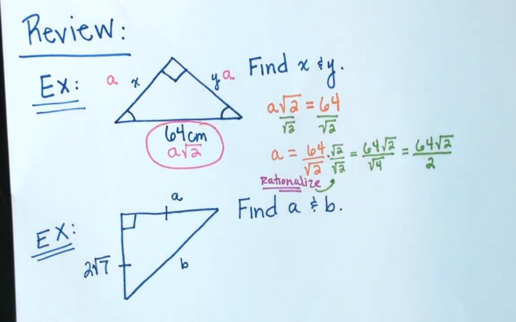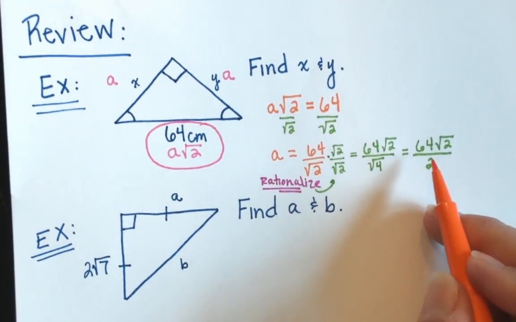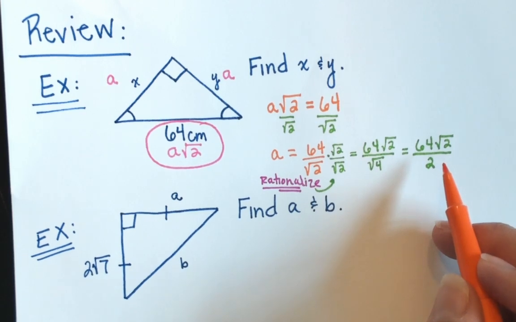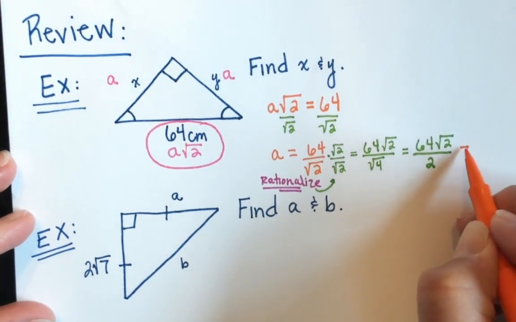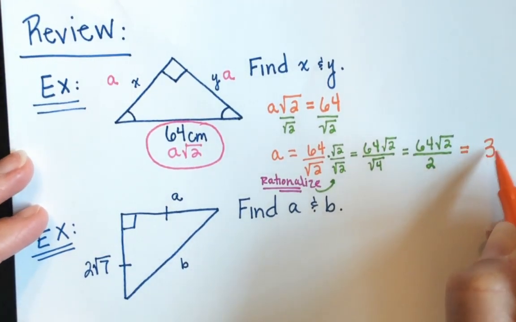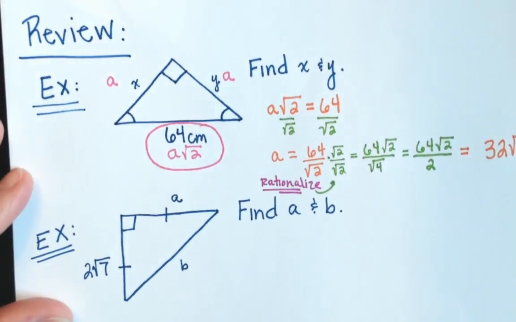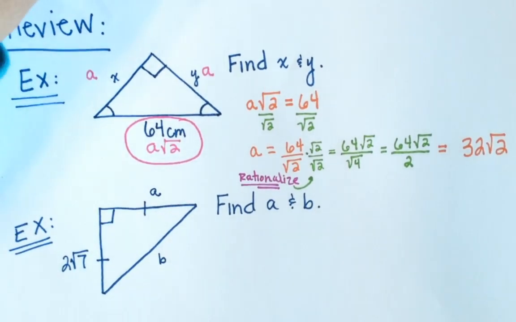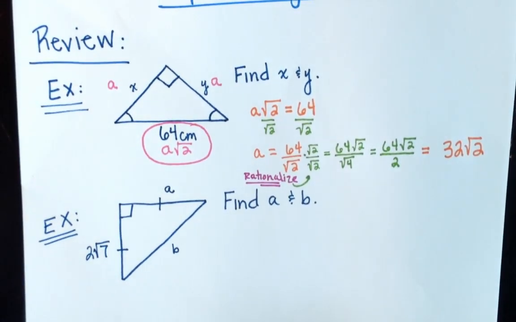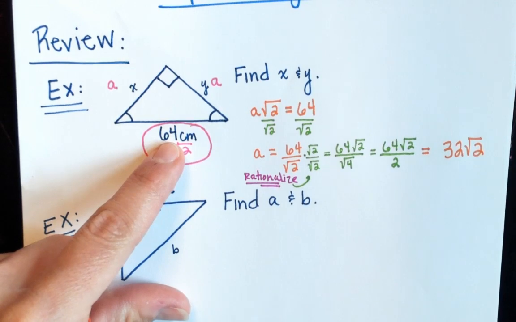So the last thing that you have to do, though, is make sure you simplify, and 64 divided by 2 is going to be 32. So we end up with 32 radical 2. Now, if you are also recognizing a pattern, notice how 32 is half of 64.